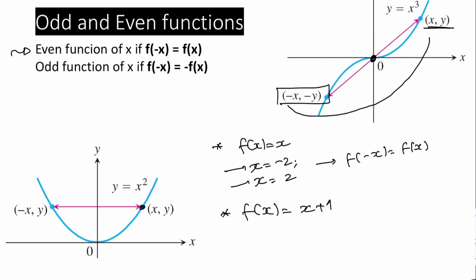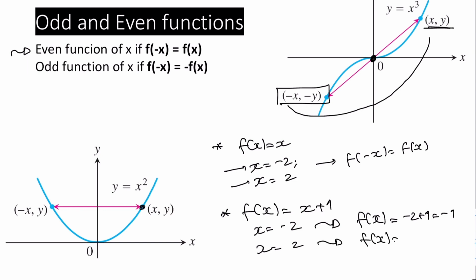Now sometimes, let's say f of x is equal to x plus 1. Let's say x is equal to minus 2. So f of x is equal to minus 2 plus 1, which is equal to minus 1. And if x is equal to 2, then f of x is equal to 3.